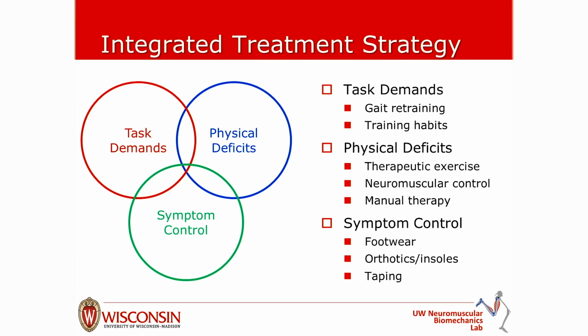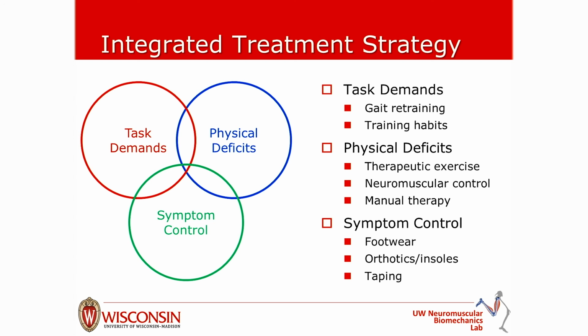So again, gait retraining is not the solution to all issues, but I think it's something that we're becoming much more understanding of, to the point that we want to start integrating it much more in our practice, our clinic care. Our runners clinic at the University of Wisconsin in Madison, we treat probably 25 injured runners per week.